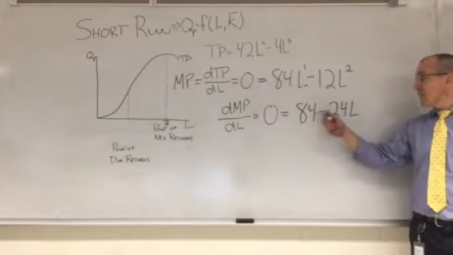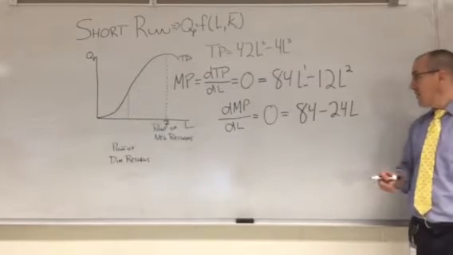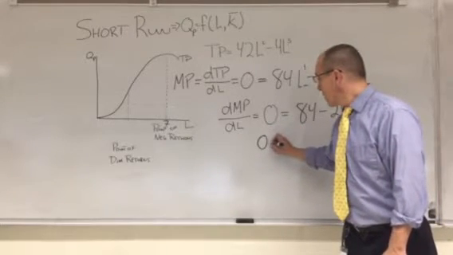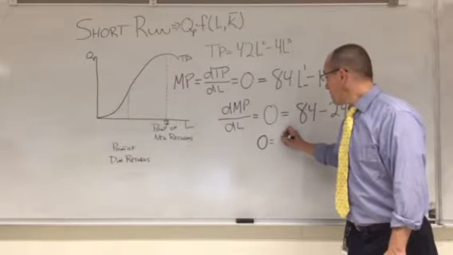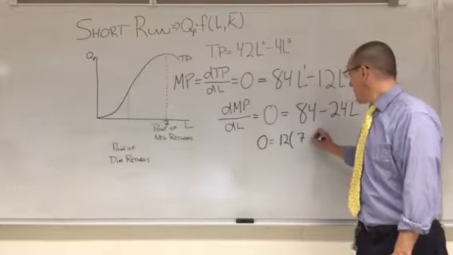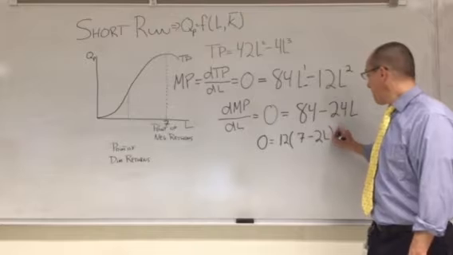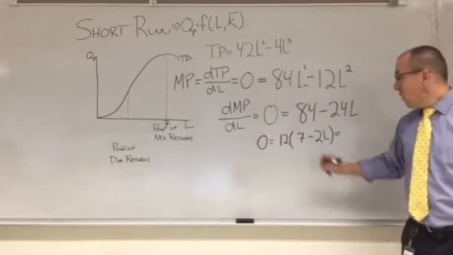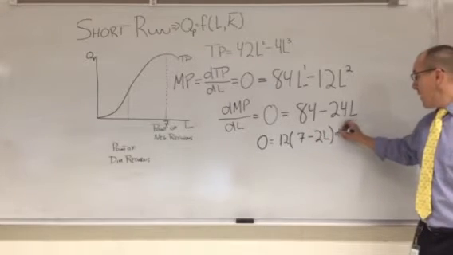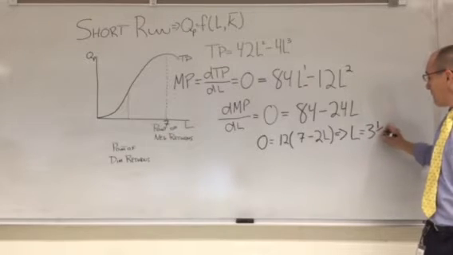Remember that there's a 12 factor I could take out here. So what I could get is 0 equals, pull out my 12, this would give me 7 minus 2L, which could then, all I care about is this internal piece here, right? This will give me an L of 3 and 1/2.